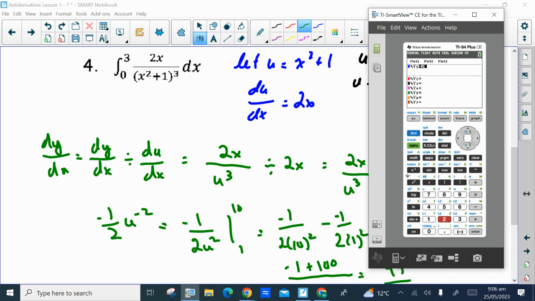Try it again. x squared plus 1 to the power 3. Second function, trace, number 7 for integral. We're going to find it from 0 to 3, and we get the 0.495 that we got doing it manually.